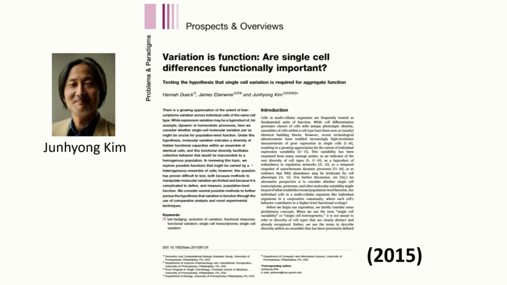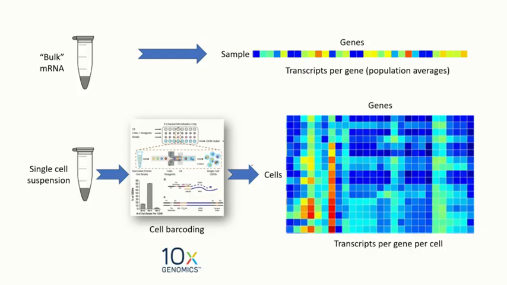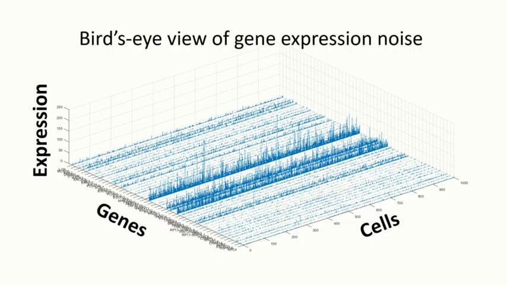At that time they didn't have enough single cell data to test this, because 10x Genomics appeared at the end of 2016 and became more popular in 2017. So later we had enough data to look at this variability.